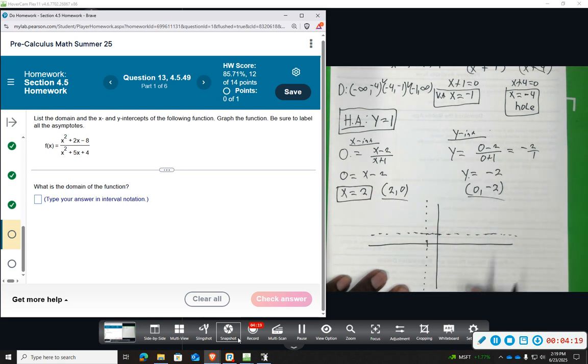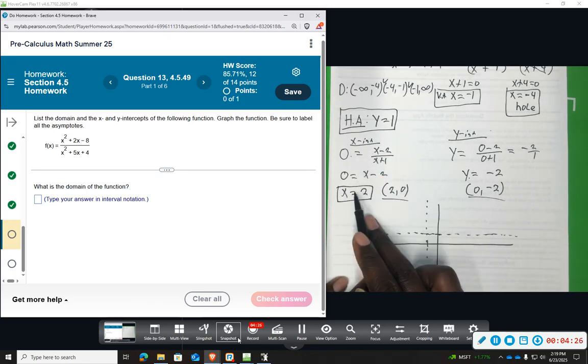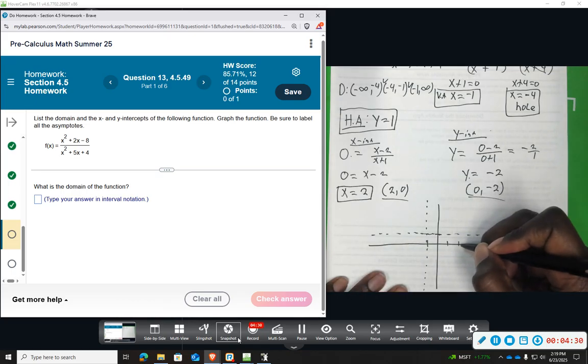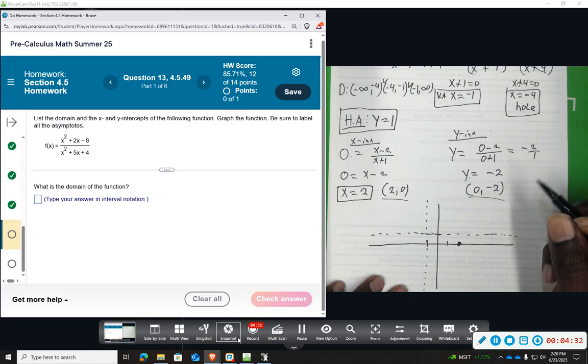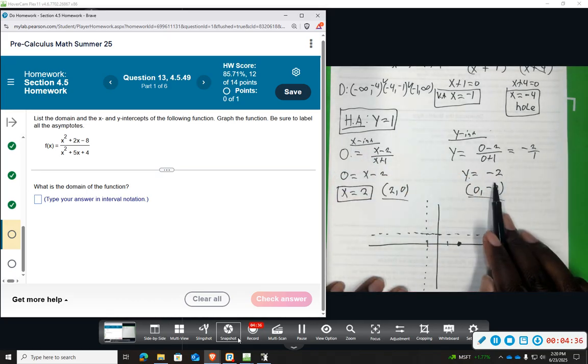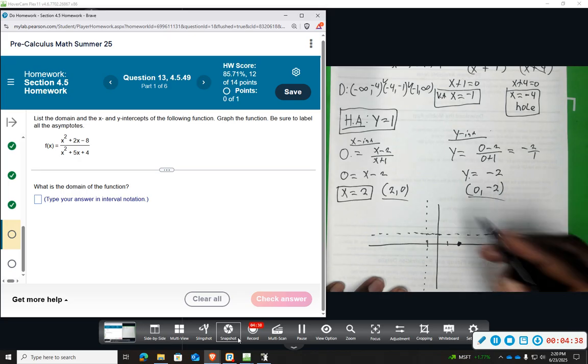So that'll be my lines that the graph doesn't cross. We will get an x-intercept at x equals 2. We will get a y-intercept at negative 2.